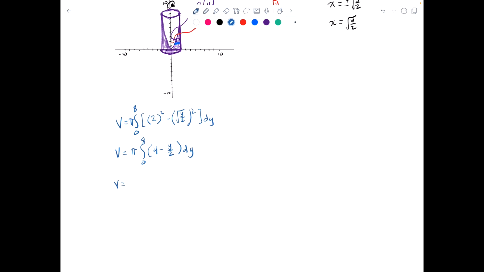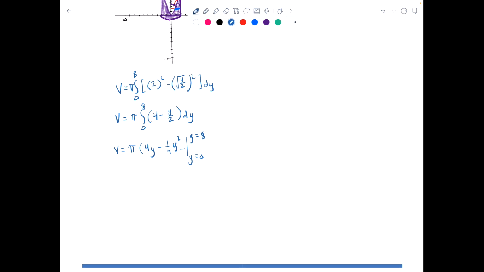So our volume will be pi times 4y minus 1/2 times y squared over 2, which is going to be 1/4 y squared. And y goes from 0 to 8. Remember that lower limit of integration for these two will be 0.